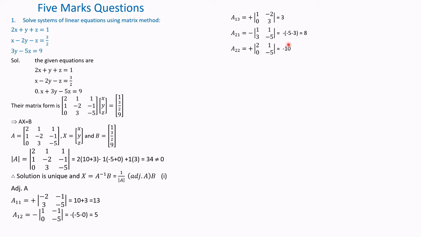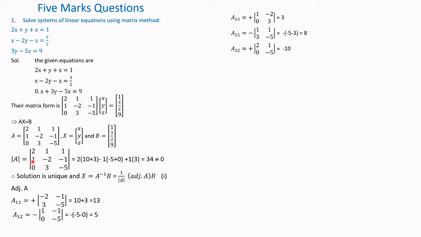Therefore, A22 is also calculated in a similar way. Please observe and write very carefully the sign conventions for finding the elements of the adjoint of A. The first is plus, next is minus. So in the first row, plus, minus, plus, and column wise also plus, minus, plus.